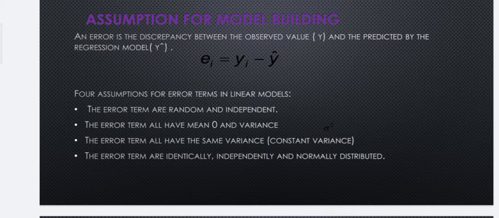Sama juga sebenarnya with independence tadi, kita boleh plot the scatter plot, residual versus predicted. If the points are scattered randomly around 0, so we can say that the residuals are homoscedastic. Ataupun boleh juga kita gunakan test of Brown-Forsyth.